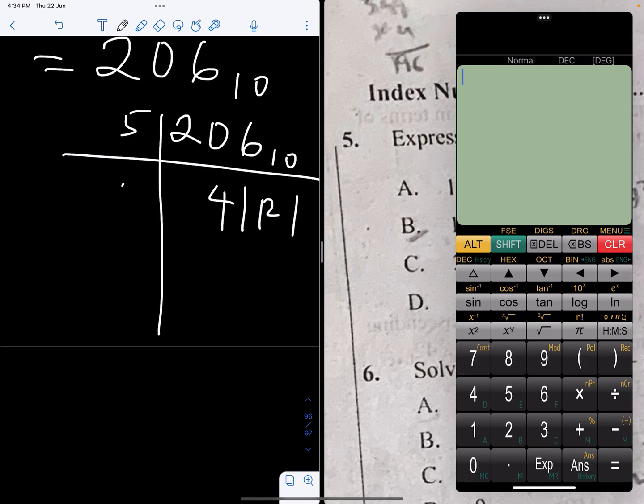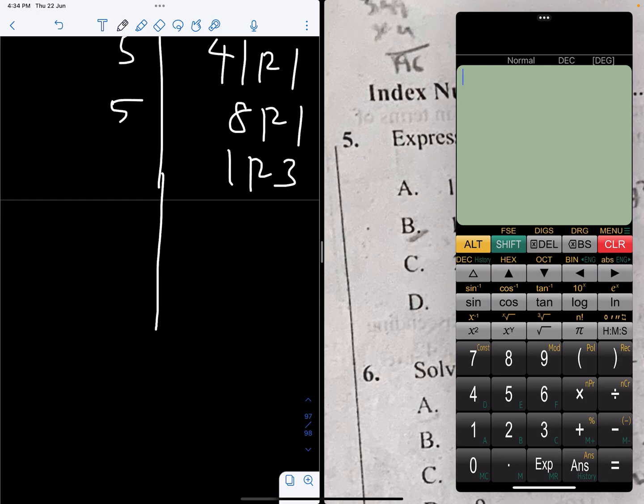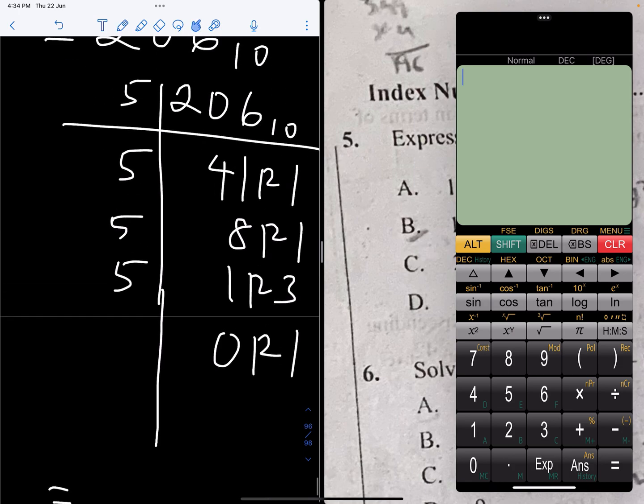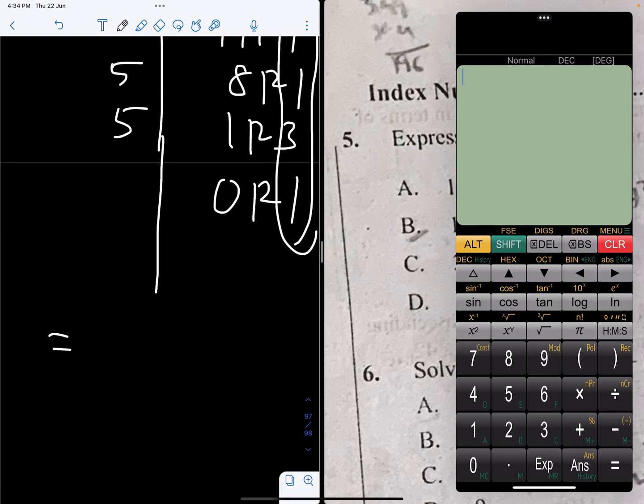Continuing, 5 in 41 is 8, remaining 1, then 5 in 8 is 1, remaining 3, and 5 in 1 is 0, remaining 1. Now we write all of the remainders from bottom up. That's 1311, so that's equal to 1311 base 5.